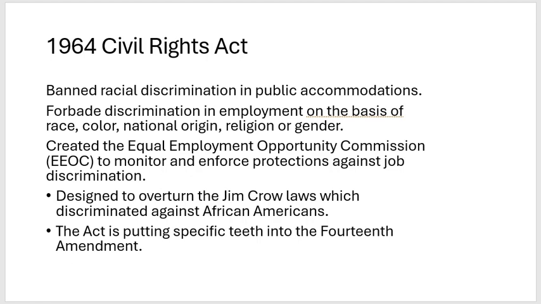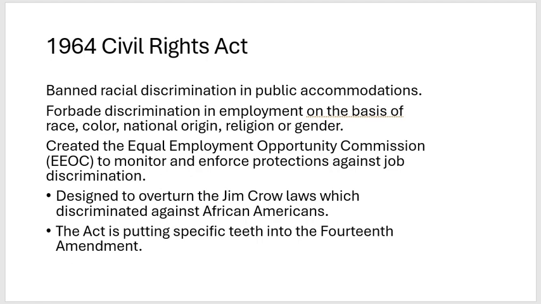It also created the Equal Employment Opportunity Commission to enforce protections against job discrimination. So there's some real teeth coming out of the 1964 Civil Rights Act. It was designed to overturn Jim Crow laws that had discriminated against African Americans for centuries. And so that's what's happening.